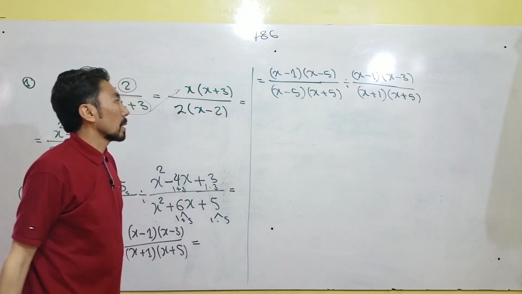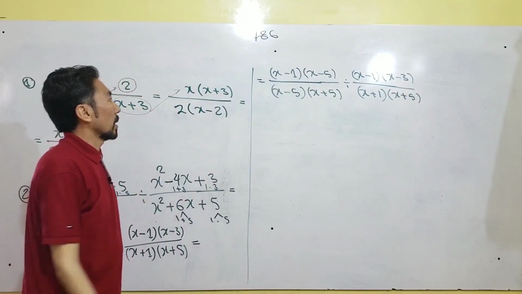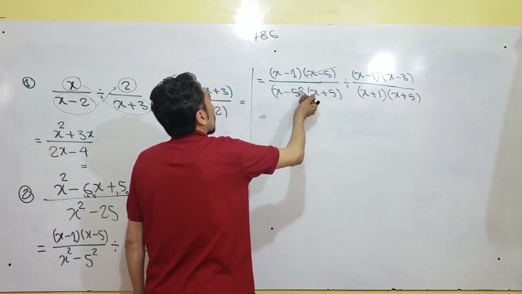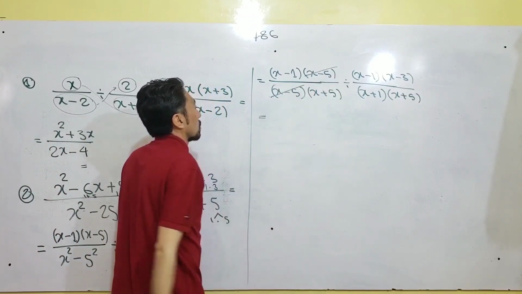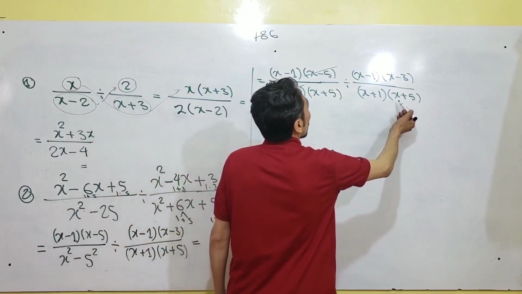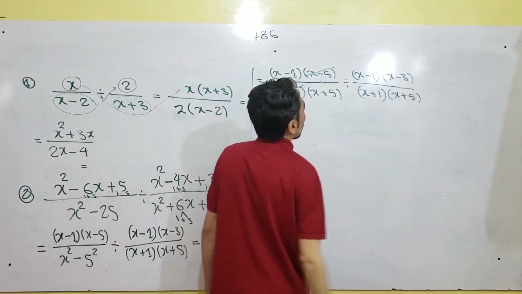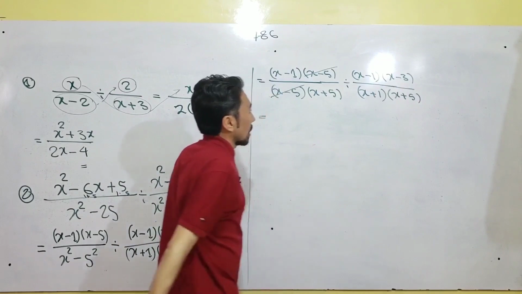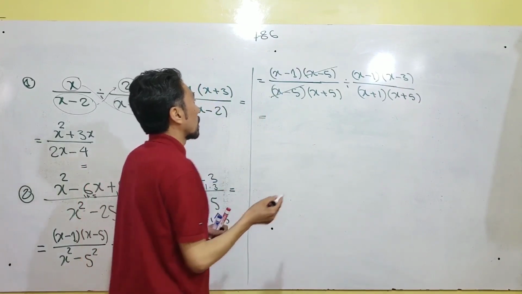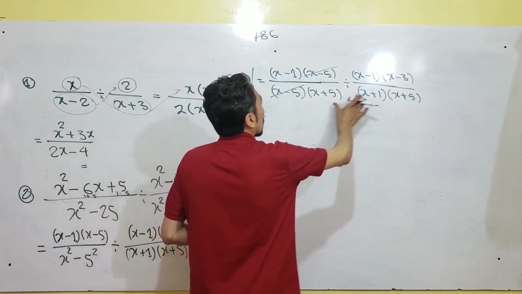Here we can divide some of them. For example, we can divide x minus 1 divided by x minus 1 is 1. And also here, okay, it's not the same bracket. Also, we can divide the denominator with the second denominator.